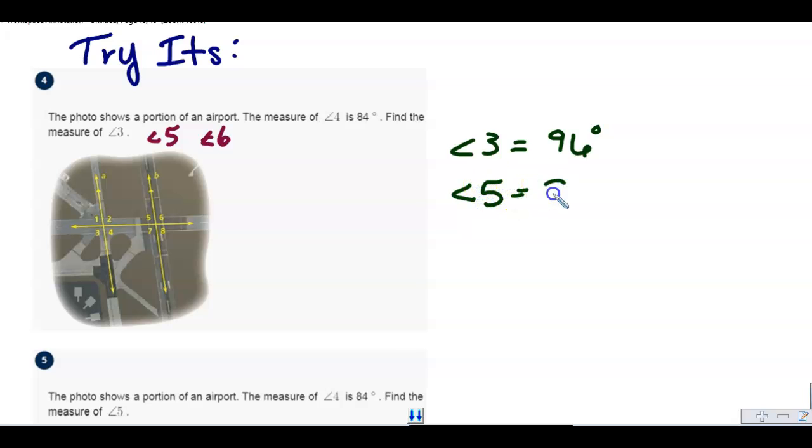So angle 5 is the same as angle 4, 84 degrees. Angle 6 and angle 3 are alternate exterior angles, so they're congruent. However, angle 5 and angle 6 are supplementary angles. So we could use that relationship as well. And we still end up with angle 6 being 96 degrees.